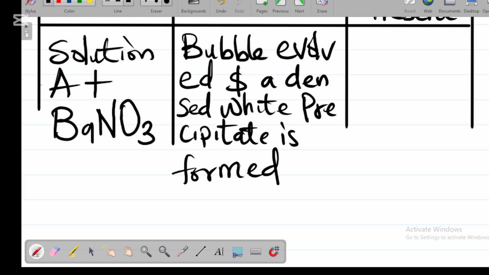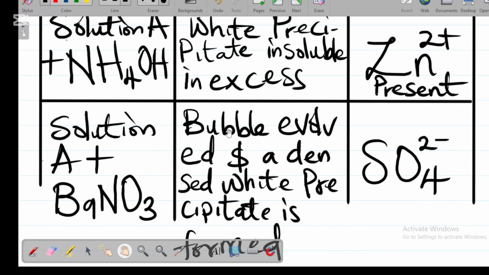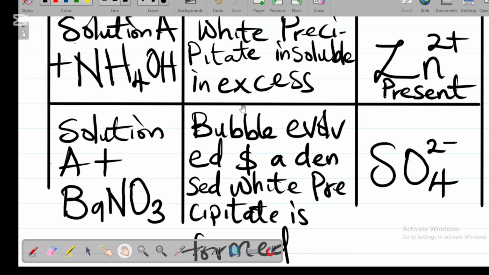Write it this way. And then from your observation, what is your inference? So your inference is sulfate ion. This is your inference. All right, so fill your manual like this. Fill it exactly like this.